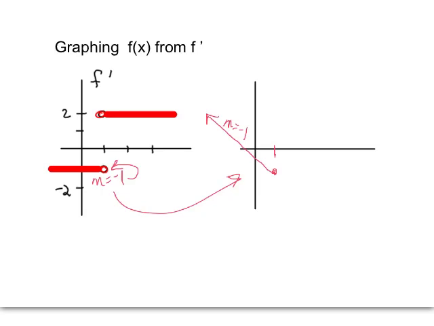Then, all of a sudden, the slope of the tangent lines changes quickly to 2, up 2 over 1, and this happens at x equals 1. So on this other side, we've got to go up 2 over 1 and draw the other half. This guy has a slope of +2, and I got that from this number right here.